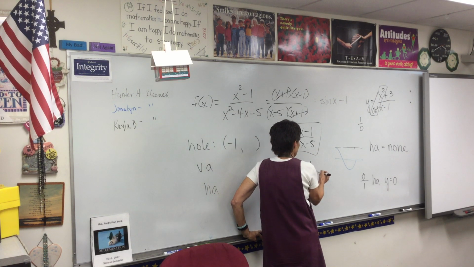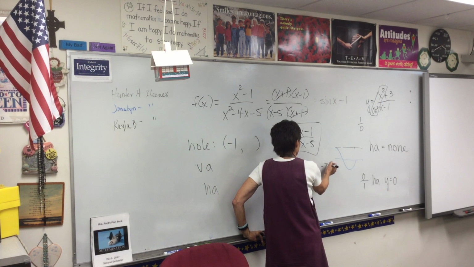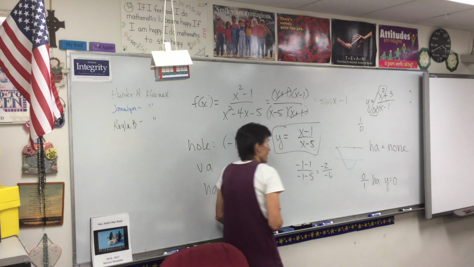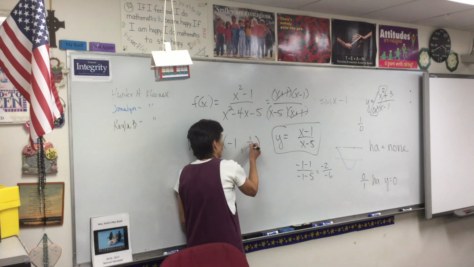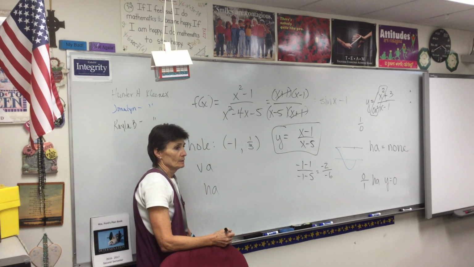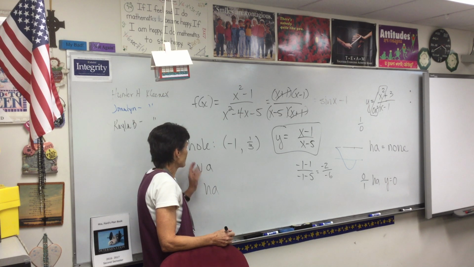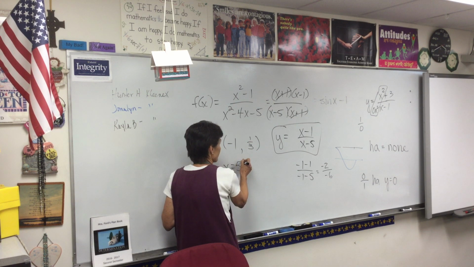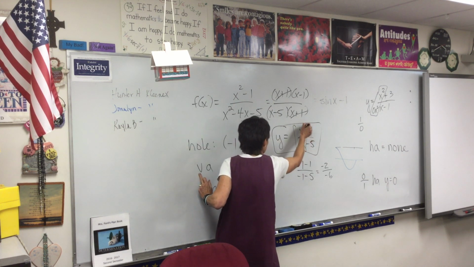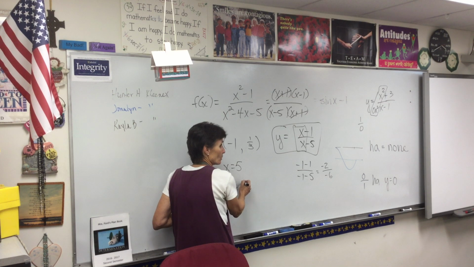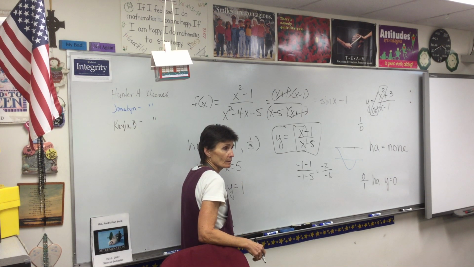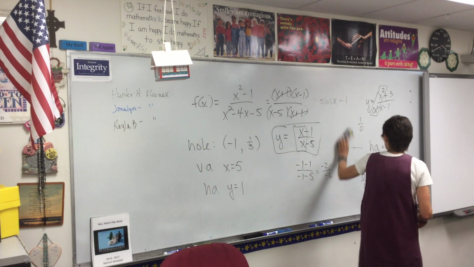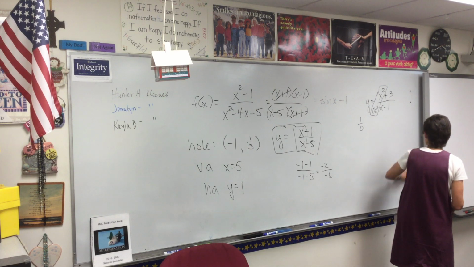Negative 1 minus 1 is negative 2. Negative 1 minus 5 is negative 6. And that reduces to 1/3. All right, so let's fill in this part. The vertical asymptote would be at x equals 5. And the horizontal asymptote would be at y equals 1. Right? Yes. Okay.